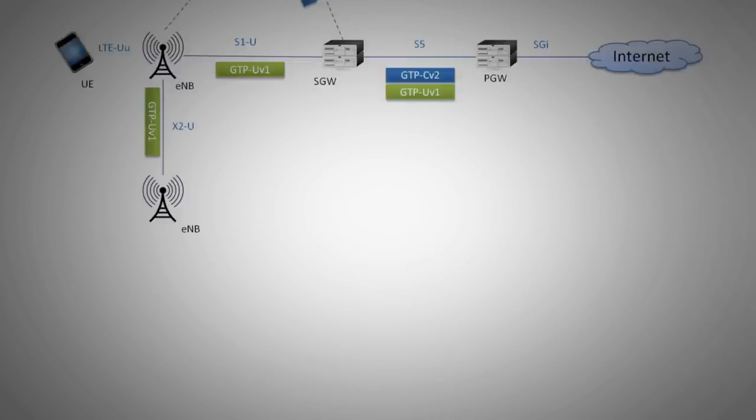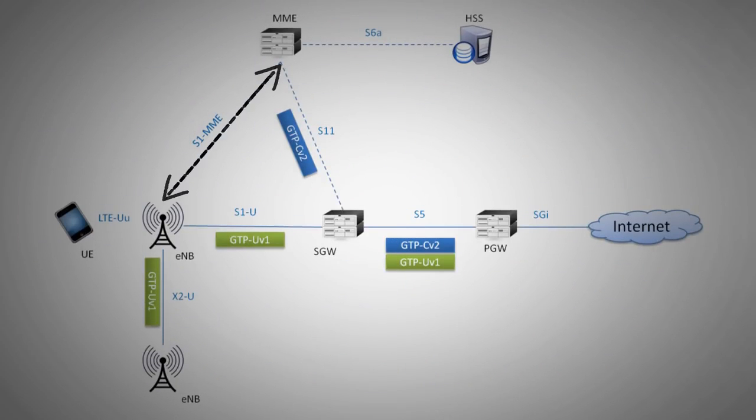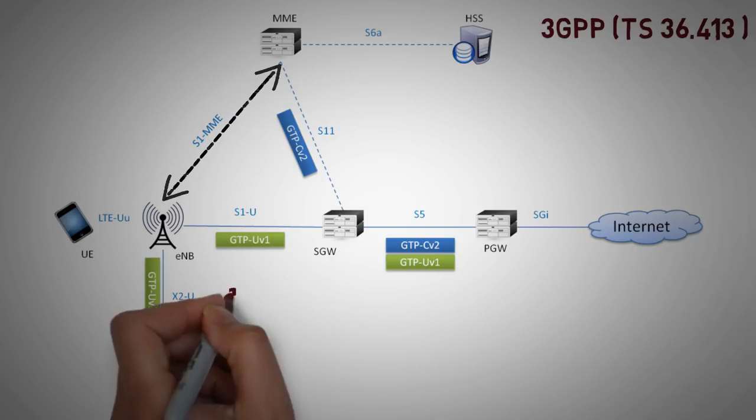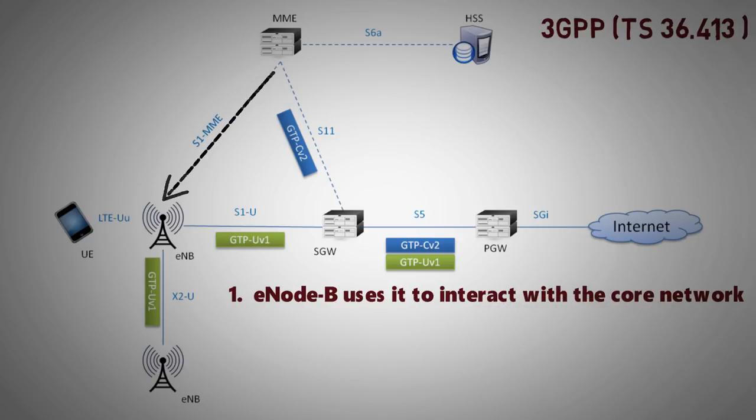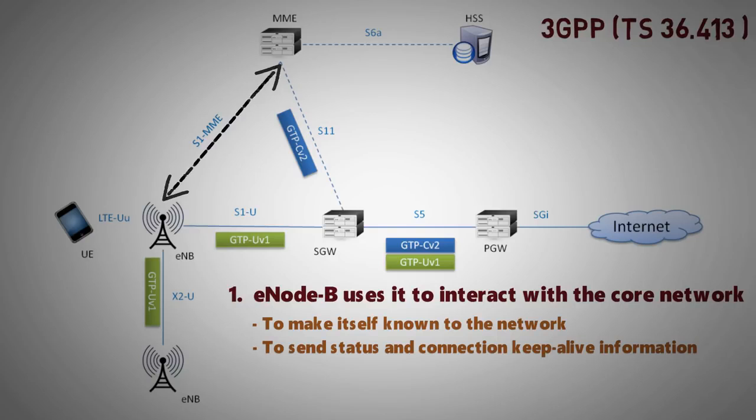The S1 control plane protocol, as defined in 3GPP, is required for two purposes. Firstly, the eNode B uses it to interact with the core network for its own purposes, that is, to make itself known to the network, to send status and connection keep-alive information, and for receiving configuration information from the core network.